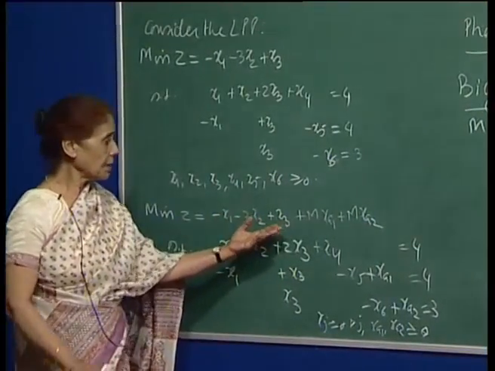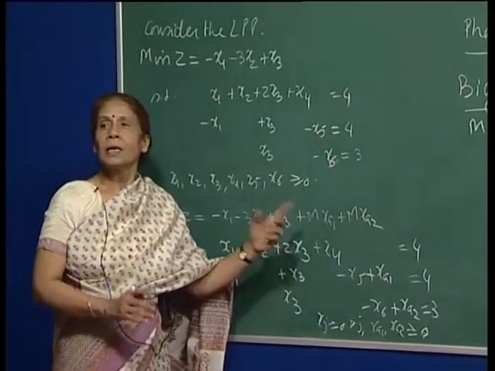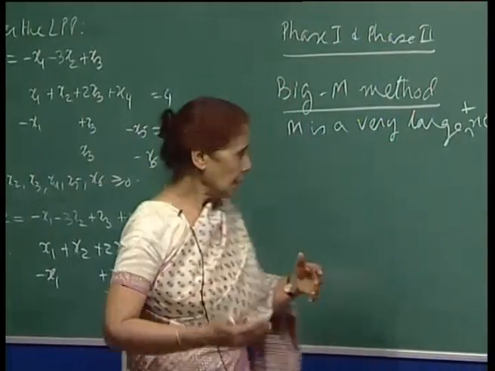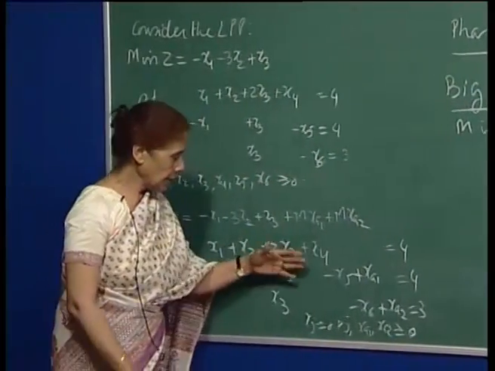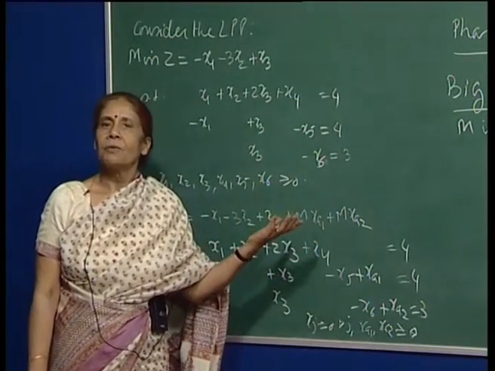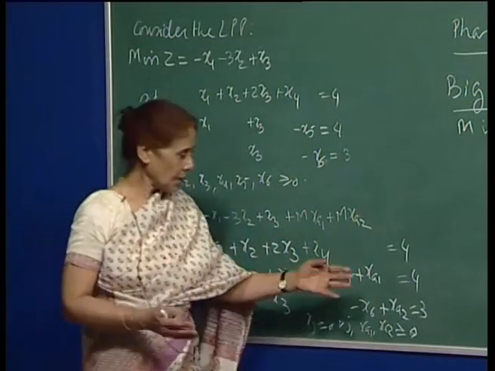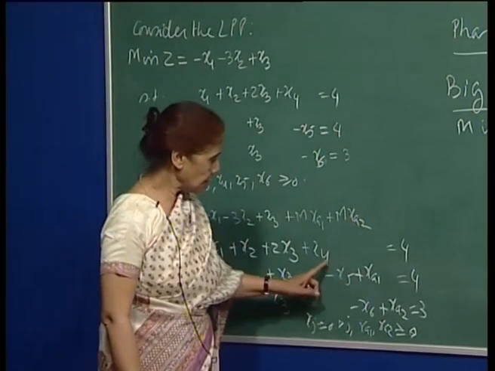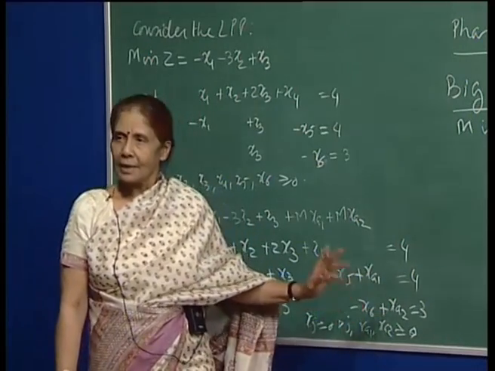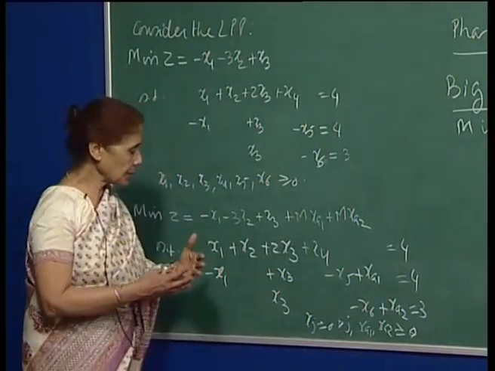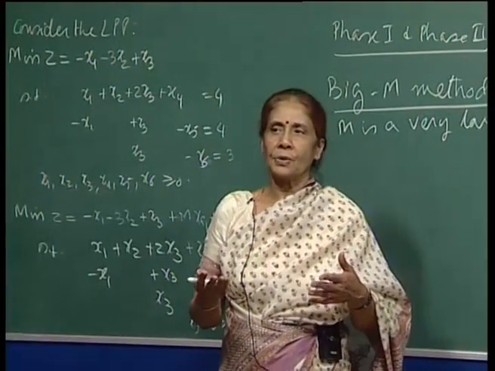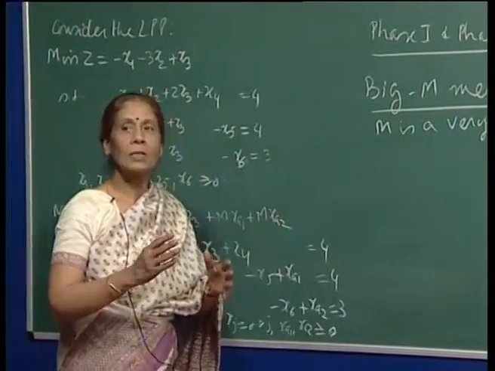So, if there is a feasible solution, then since the linear programming problem always goes to a better solution, there will be no incentive for the algorithm to select xa1, xa2 as basic variables. Initially, of course, I am starting with the basis which consists of x4, xa1 and xa2 as the basic variables, but later on, because the simplex algorithm improves the value of the objective function at each iteration, or at least does not make it worse.